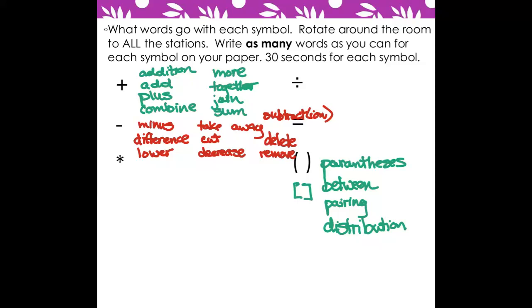All right, back here. We have, let's get a different color. So multiplication or multiply, or multiplication, times, double. I know what you're saying, but we would have to be careful with double.